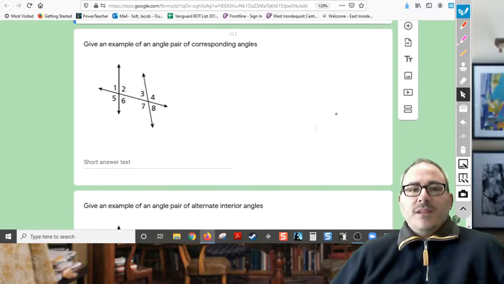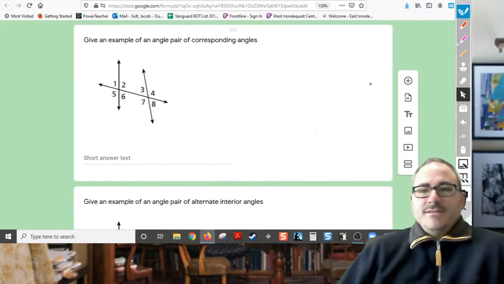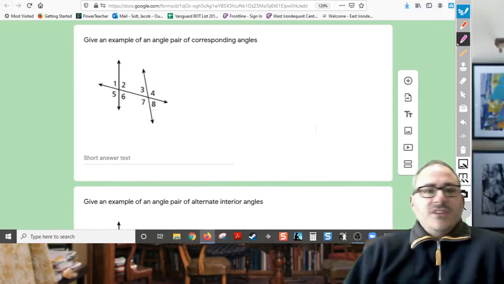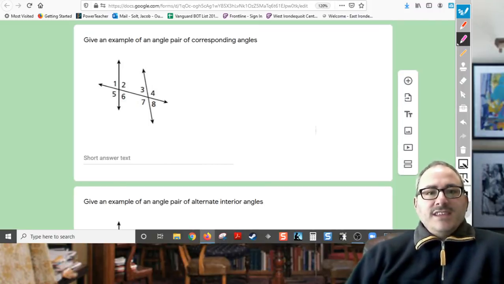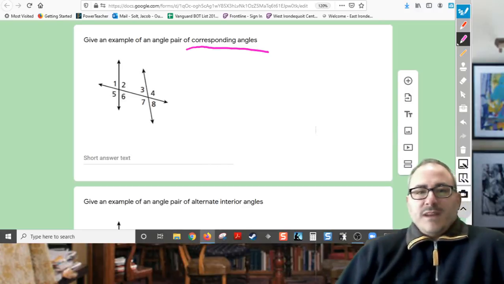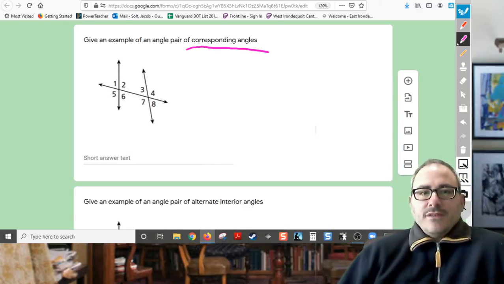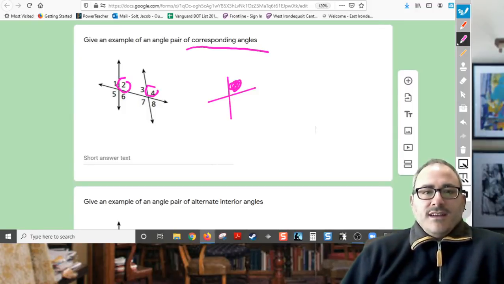Give me an example. I'll do one, so you know what I'm expecting. All right, give an example of an angle pair of corresponding angles. So corresponding, remember what corresponding means? Corresponding means they're in the same position. So for instance, I notice that 2 and 4 are in this upper right-hand corner, right?